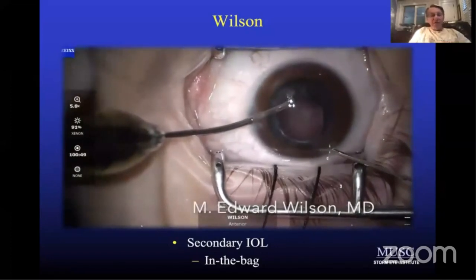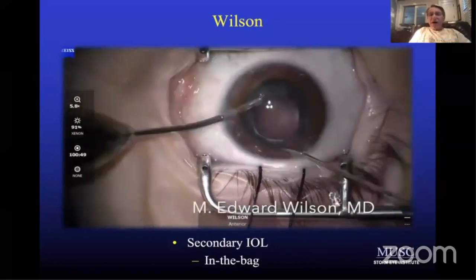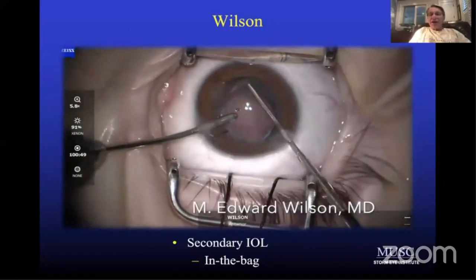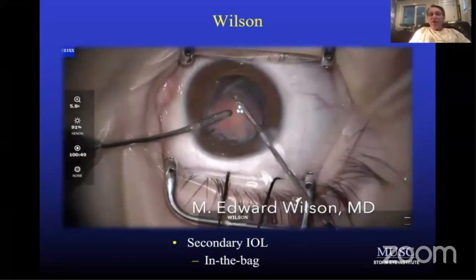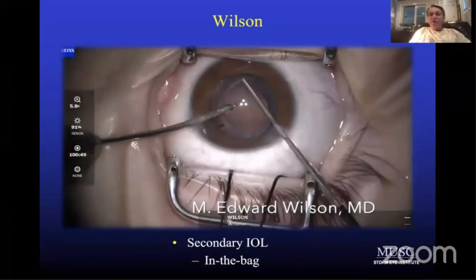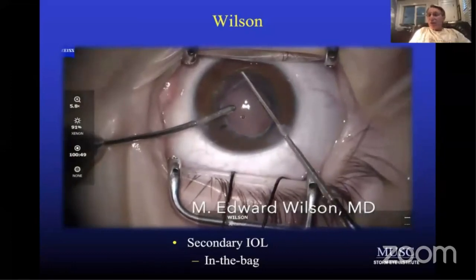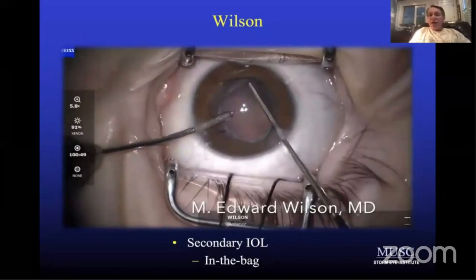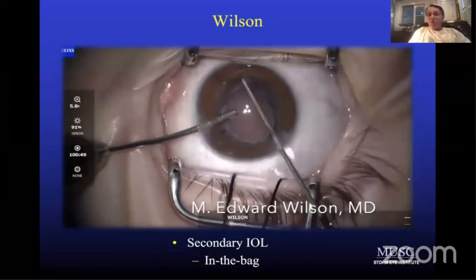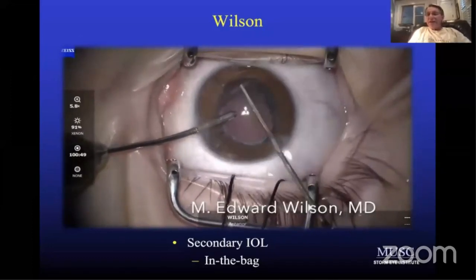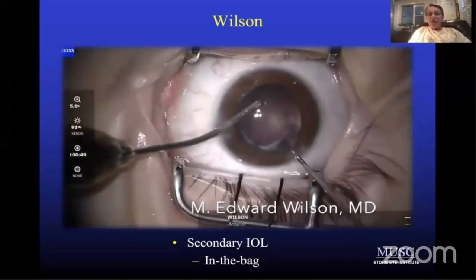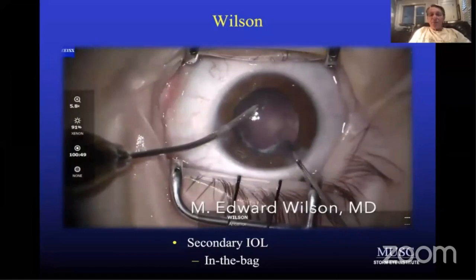At this point, without having to exit the eye, I turn the cutting port off, use the vitrector as an aspirator, and then remove all of this new reproliferated cortical material that has accumulated within the capsular bag. And I clean it so that it can receive the intraocular lens.